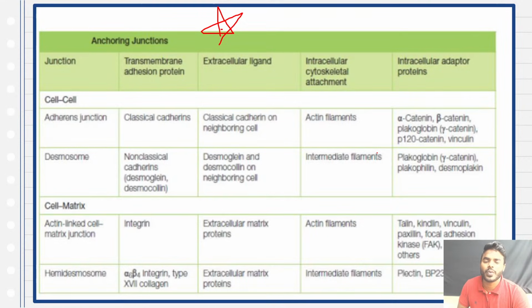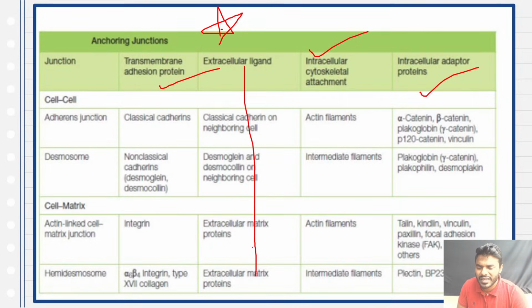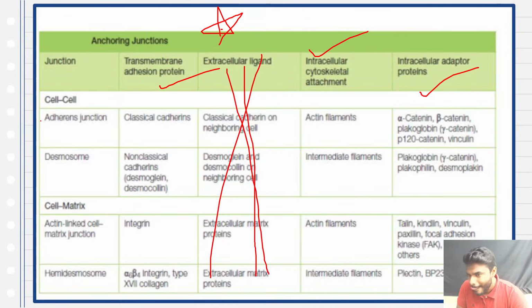In the table it is very clearly written which are adapter proteins, which are intracellular proteins, which are transmembrane adhesion proteins. And if you can remember the extracellular ligand, remember, otherwise leave it, there is no problem at all. But majorly focus on the transmembrane adhesion protein, intracellular cytoskeletal protein, and intracellular adapter protein. Just now we read, friends, adherens junctions and desmosomes are cell to cell. We clearly discussed.